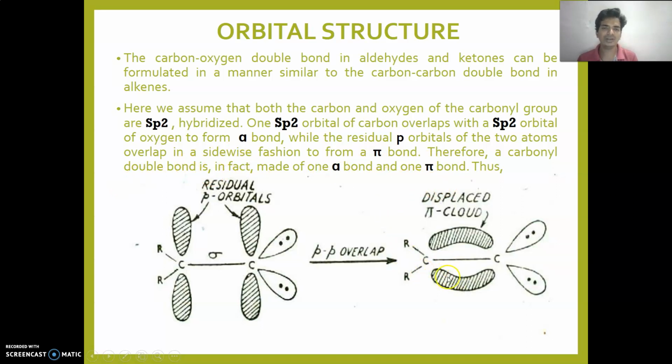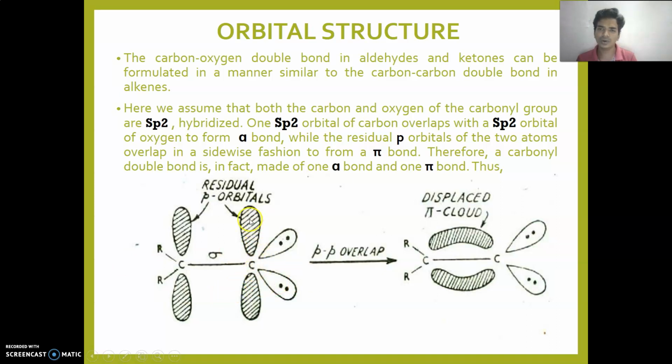So one gives a single sigma bond and the other gives the overlapping pi bond. Therefore the carbonyl double bond is in fact made up of one sigma and one pi bond. So here we see R C C, in this case both are carbon as in our alkene.